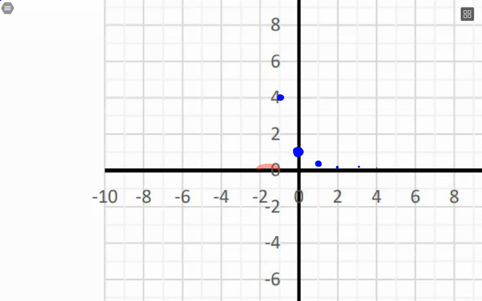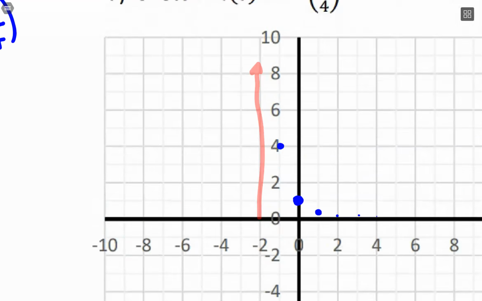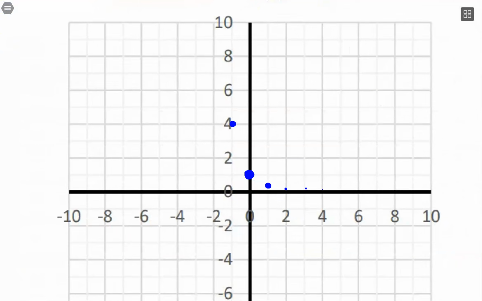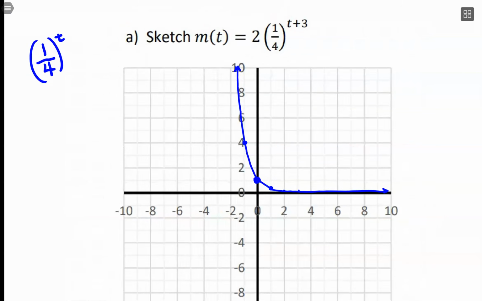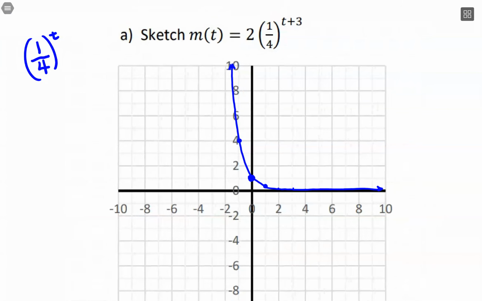If I'm at -2, I'd actually be up at 16, which I can't even graph here. So for my basic function, I'm just going to graph this, that goes way off there, and then approaches the x-axis. Okay, so now I have my basic function, and now I can look at everything else that's happening.